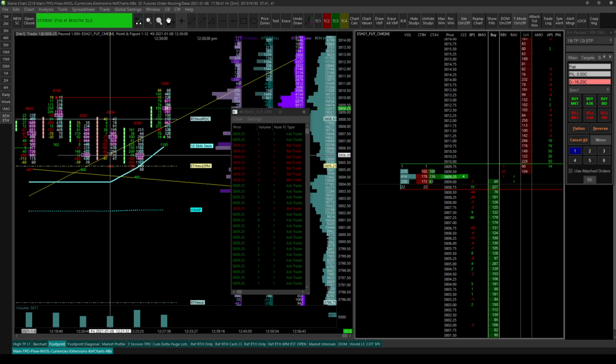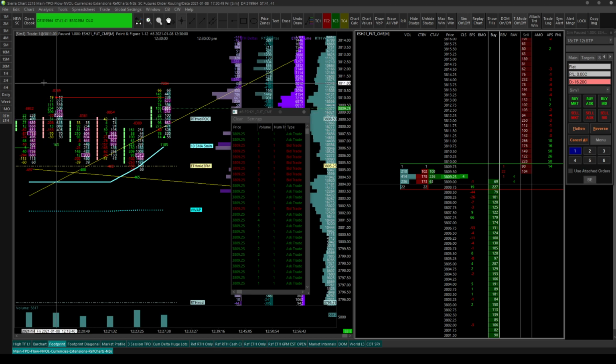Okay, so you can see here the buyers are a bit more aggressive through here, right in this bar here. Out of 1,173 contracts, there's an imbalance of 209 more buyers, right? And it gets more and more aggressive.